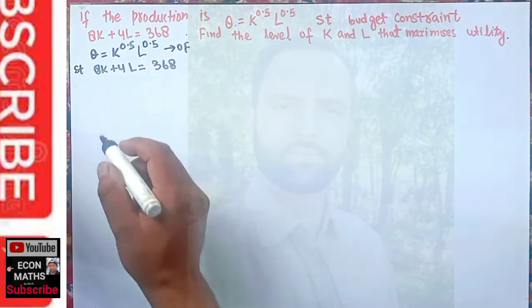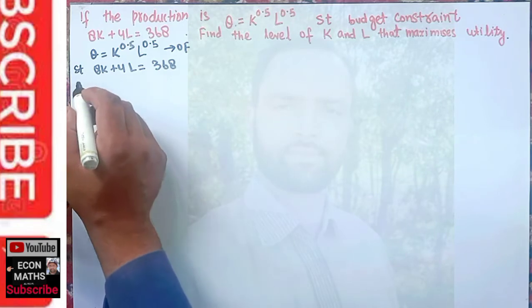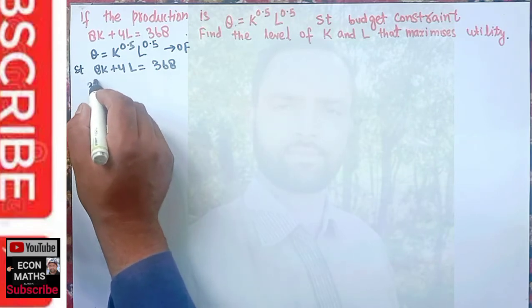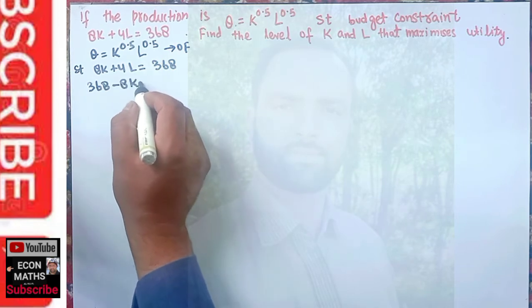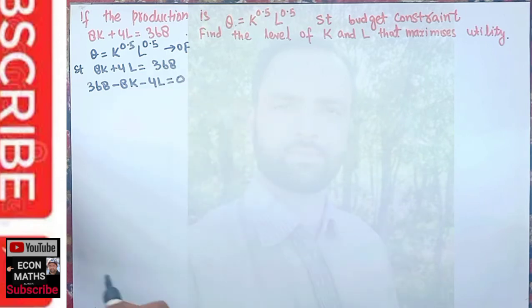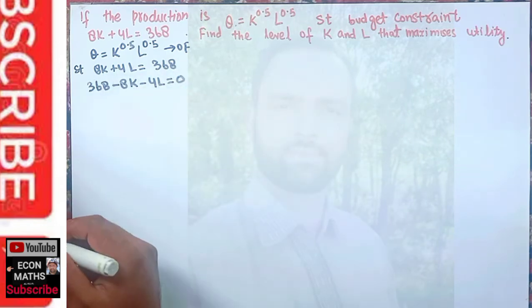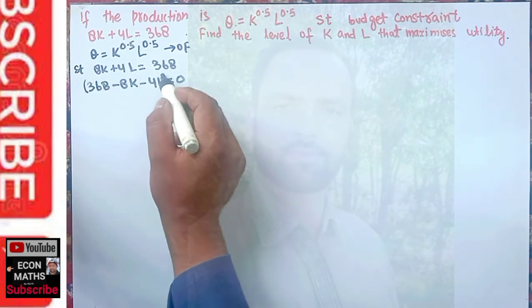Okay, first step is we set this constraint function equal to 0, which will imply that 368 minus 8k minus 4l is equal to 0. First step is setting the constraint equal to 0. Next step is multiplying this constraint by lambda.